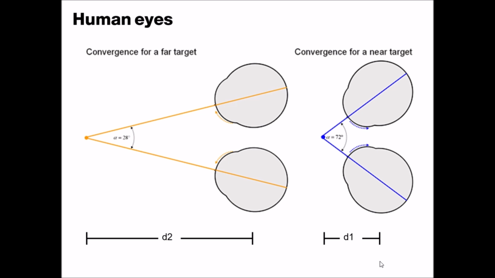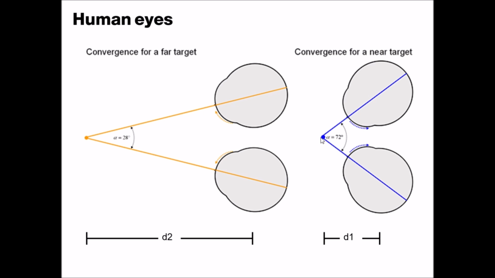Okay, now I will show you something. Maybe you can try it by yourself. Here we have the distance, which is the most important thing to consider in 3D vision. Here we have two eyes, and these two eyes are looking at this 3D point. Let's say this point is an object.